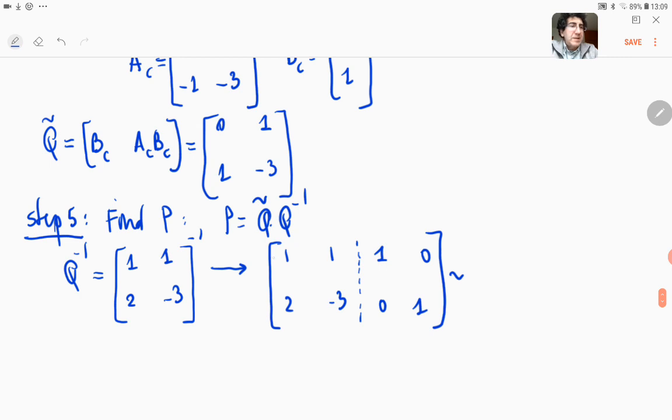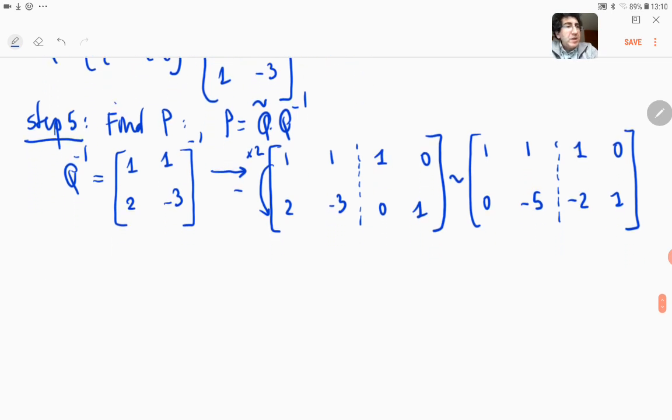And I will subject this augmented matrix to elementary row operations. If I multiply the first row by 2 and subtract from the second row, that's going to give me in the first row the same coefficients, 1, 0, but in the second row I will have 0 and then minus 5, minus 2, and 1.